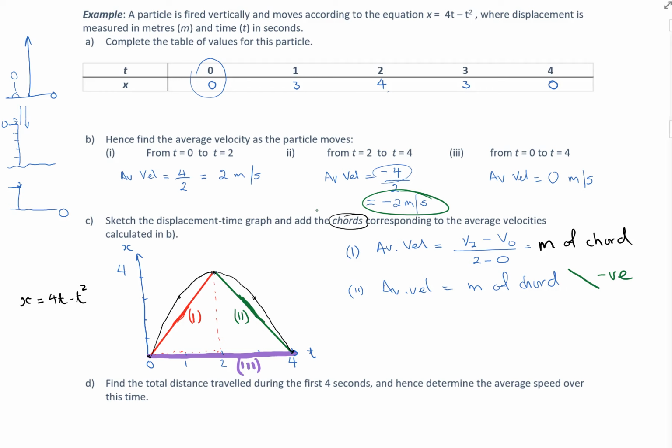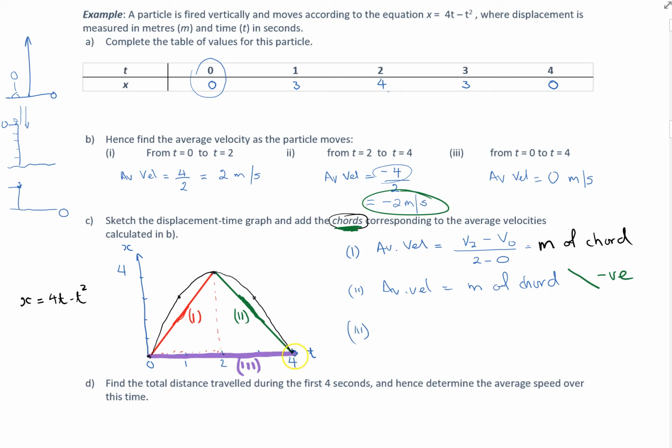So really all part C is doing is showing you the connection between average velocity and a chord. Average velocity and a chord. And it's just the gradient of the chord. And part 3 is the same in that the chord over this time span from 0 to 4 is a horizontal line.